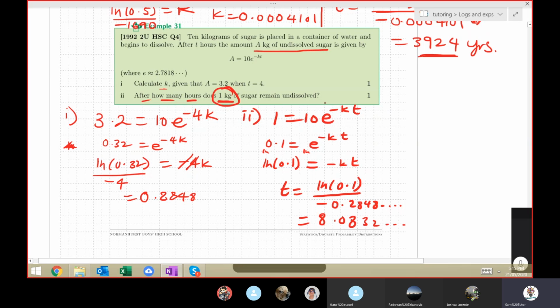So after how many hours does 1 kilogram remain? After 8 hours, or 8.08 hours, whatever you want. Cool. Copy that down. Let me know if you've got any questions, and we'll do it again.